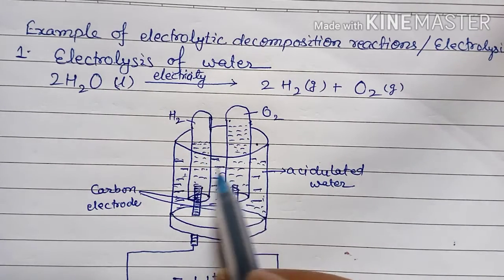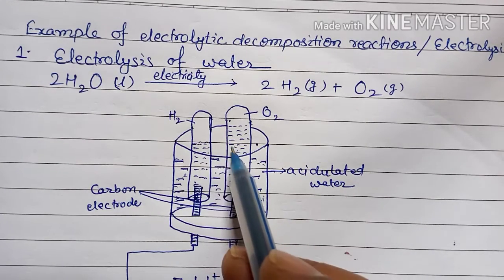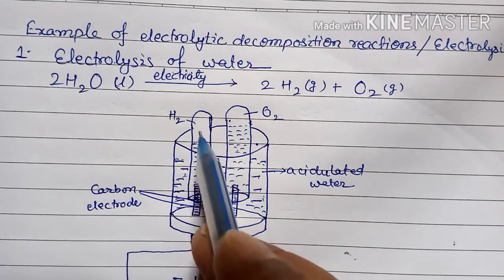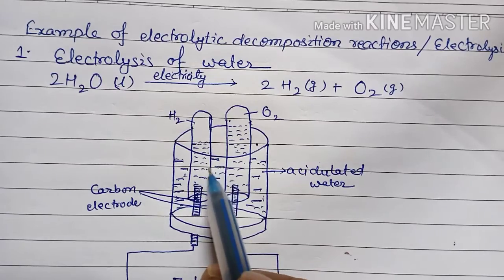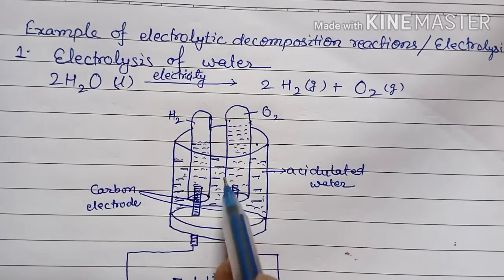Now invert 2 test tubes containing water over both electrodes as shown in this figure, and pass electric current slowly through the voltameter.